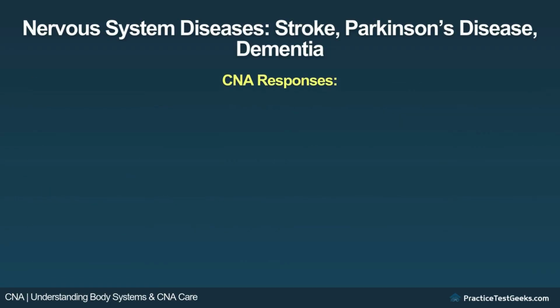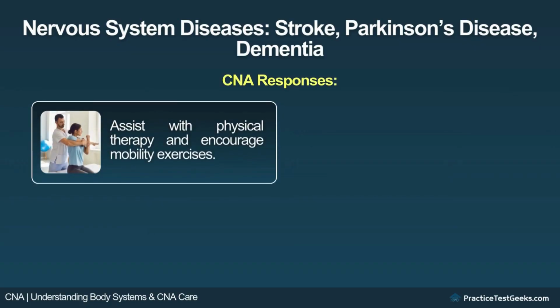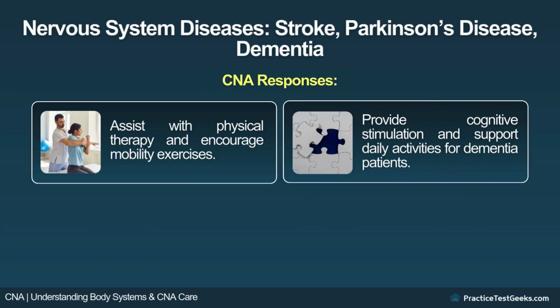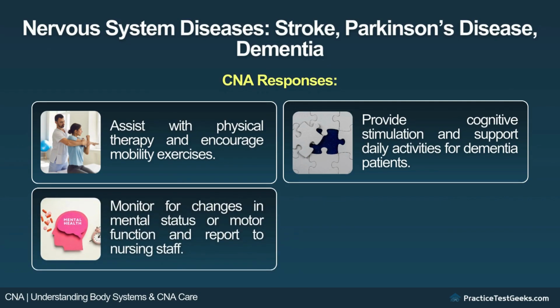CNAs play a vital role in supporting patients with neurological conditions by ensuring safety, assisting with mobility, and providing emotional and cognitive support. Assist with physical therapy and encourage mobility exercises. Provide cognitive stimulation and support daily activities for dementia patients. Monitor for changes in mental status or motor function and report to nursing staff.